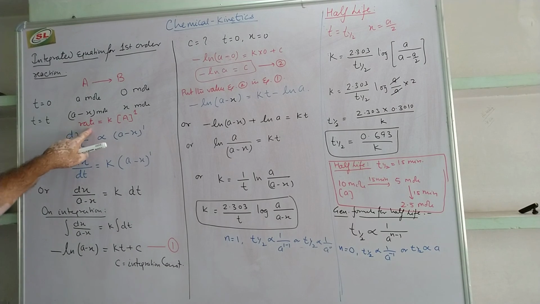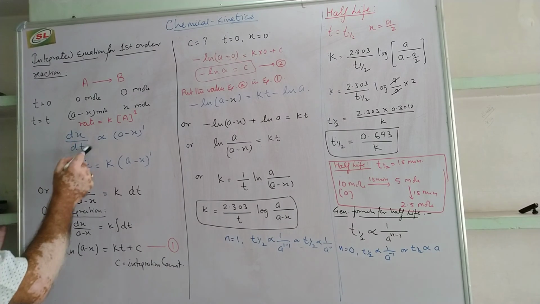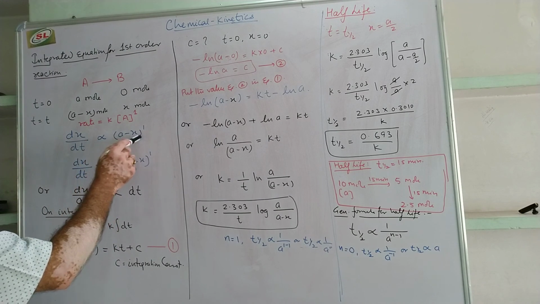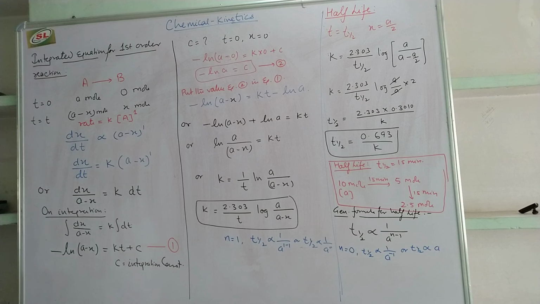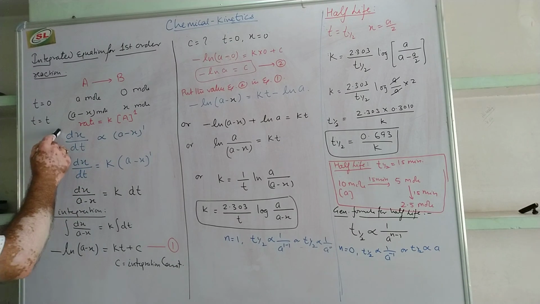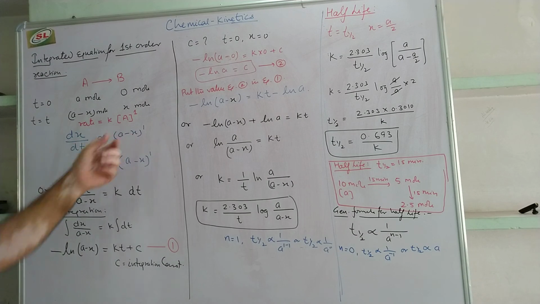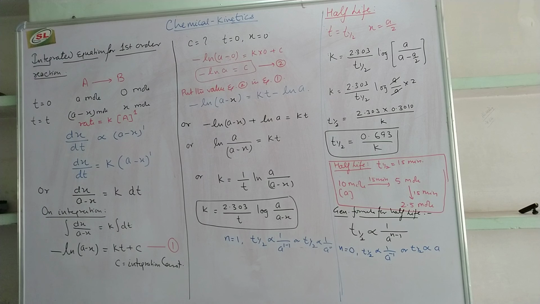This rate can be written in differential terms as dx by dt, in terms of product. dx by dt is directly proportional to a minus x to the power 1. This equation is very important. It means the rate of the reaction will depend on the amount of reactant left behind.